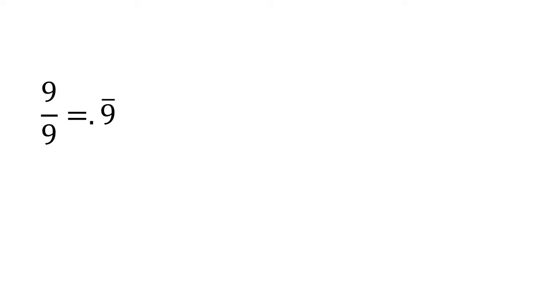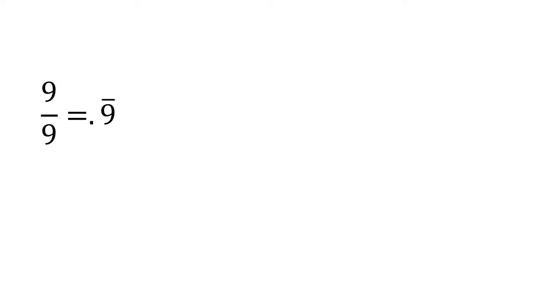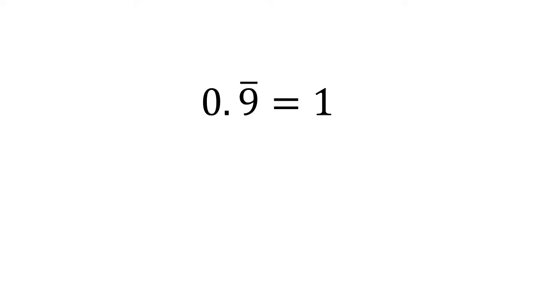So then logically, if my numerator is 9, 9 over 9 should equal 0.9 repeating. And also we understand that 9 over 9 is 1. And so that should prove that 9 over 9, or 0.9 repeating, is equal to 1.